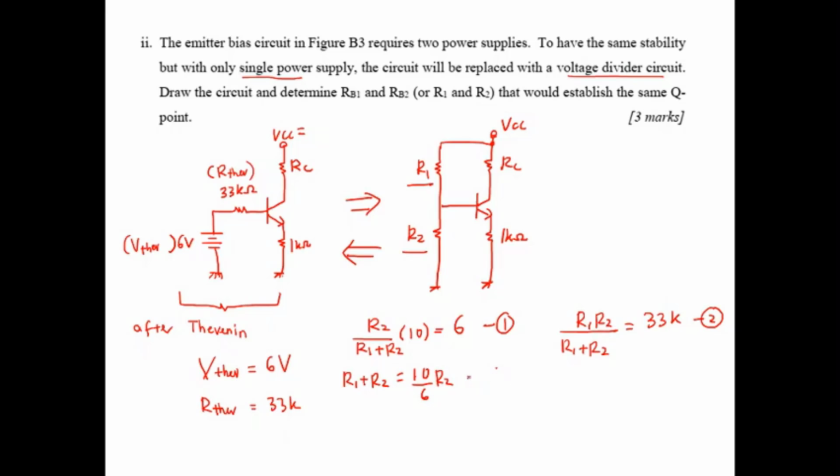I call this equation 1A. You insert the 1A equation into the second equation: R1 times R2 equal to 10 over 6 R2, equal to 33 kilo. So we can cancel out the R2, and then you get R1.